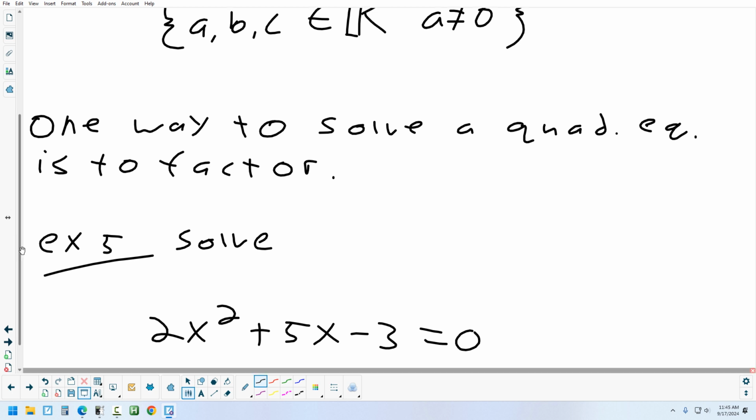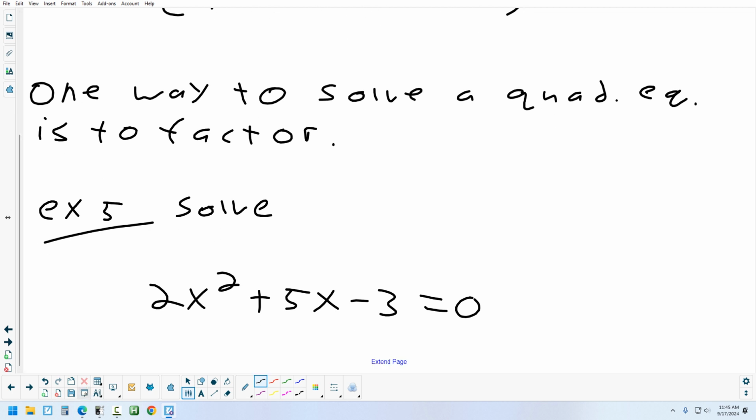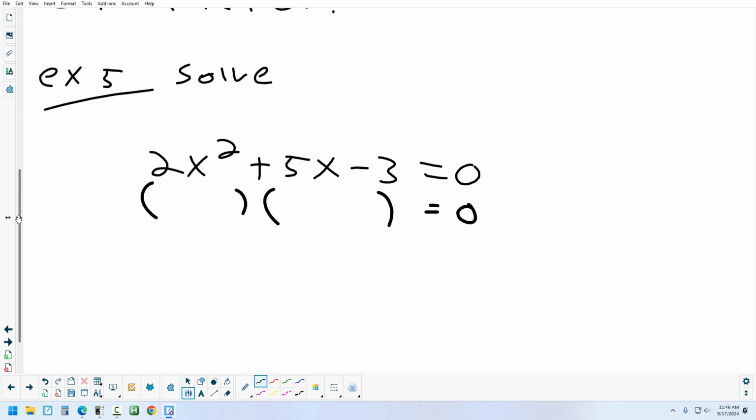Okay. So what's the first thing when you're going to factor that? What's the very first thing you want to write down? It doesn't even have anything to do with numbers or letters. But you do this anytime you're going to factor. You need to just put 2 sets of parentheses. Okay, first thing.